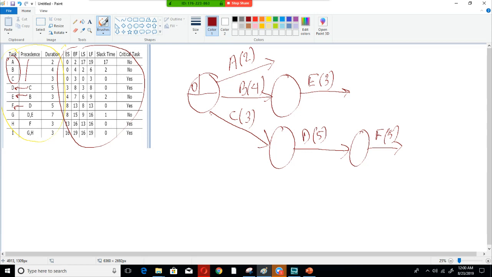And G will start after we are finished with D and E. So G will be here.